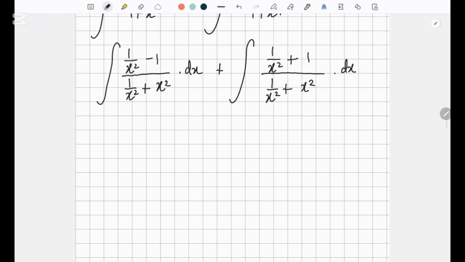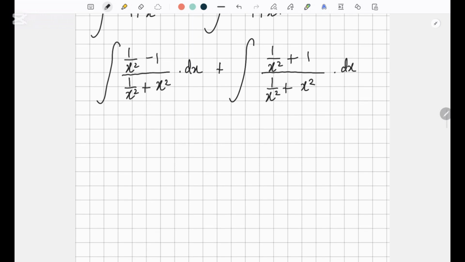Okay. Now we have the denominator 1 over x squared plus x squared, right? Let's try to make them completing squares. So what if I expand (1 over x plus x) in brackets squared? That gives me 1 over x squared plus 2 plus x squared, right?